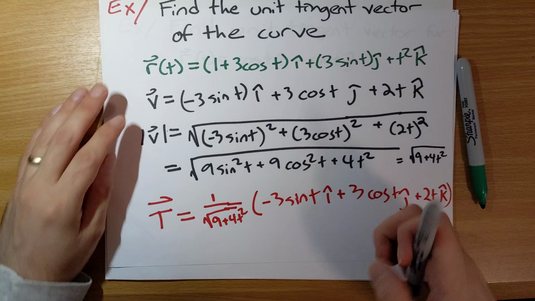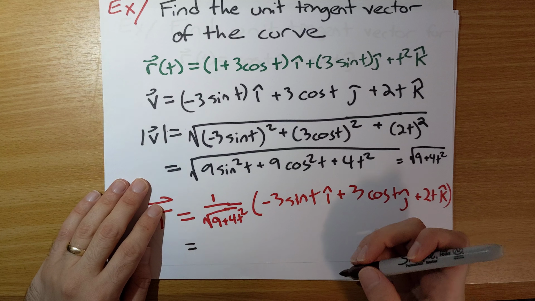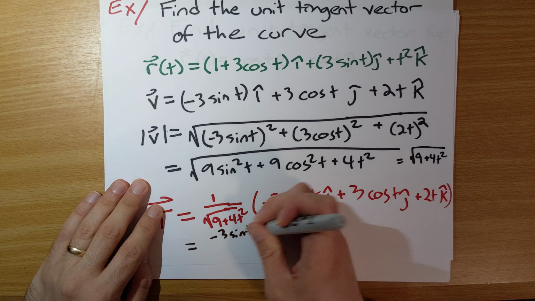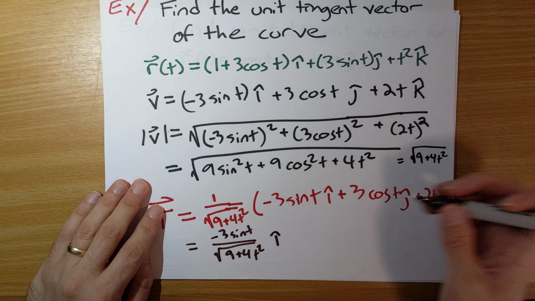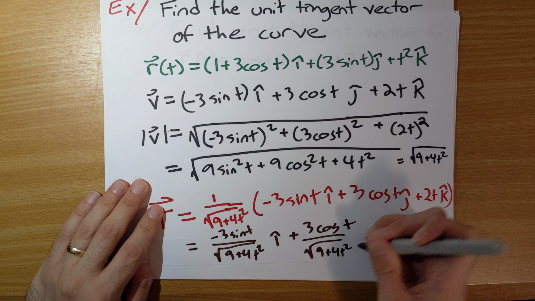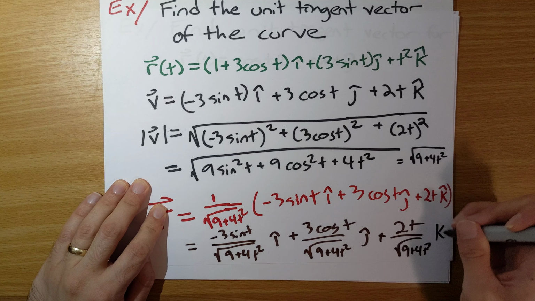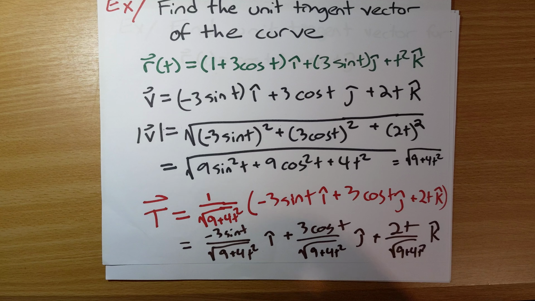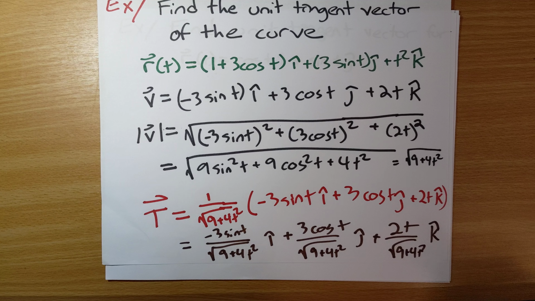And of course you may want to rearrange this component by component: negative 3 sine t over square root of 9 plus 4t squared i hat, plus 3 cosine t over square root of 9 plus 4t squared j hat, plus 2t over square root of 9 plus 4t squared k hat. And what is this vector? This is a unit vector that points tangent to our curve for any value of t.